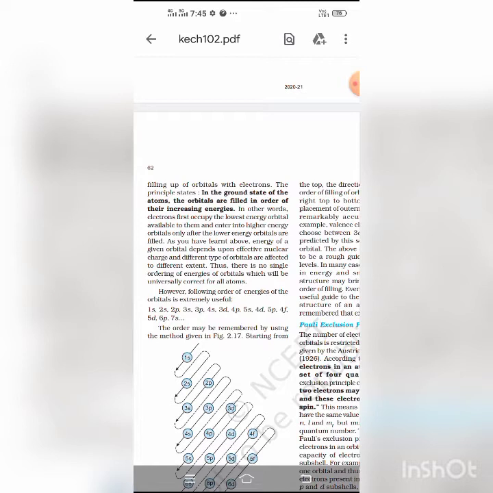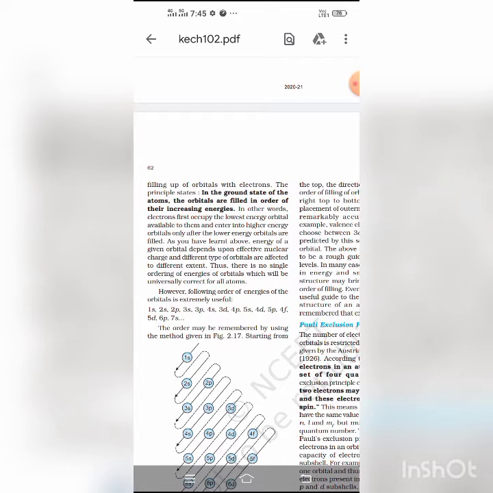Okay, so the energy of a given orbital depends upon the effective nuclear charge, and different types of orbitals are affected to different extents. Thus, there is no single ordering of energies of orbitals which will be universally correct for all atoms.